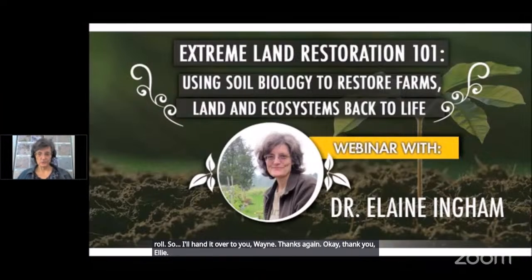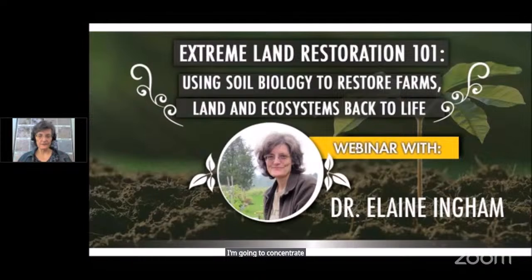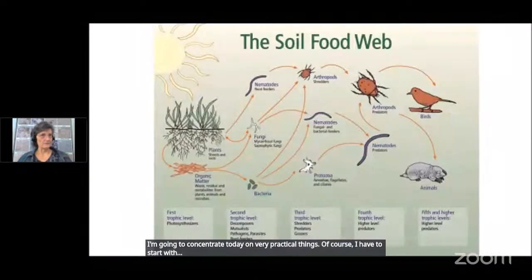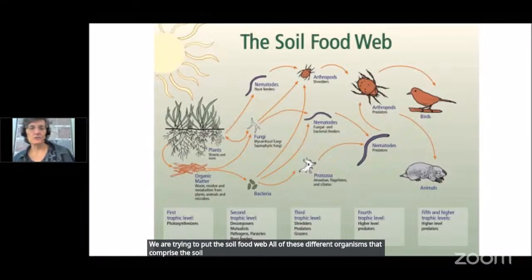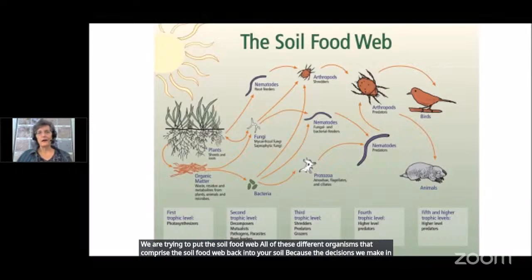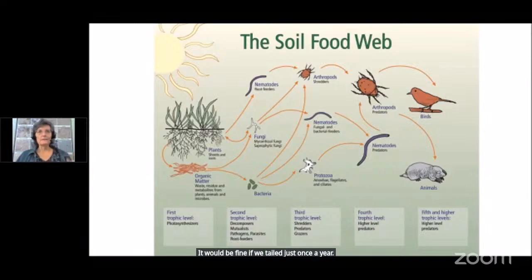I'm going to concentrate today on very practical things. Of course, I have to start with the background. We are trying to put the soil food web, all of these different organisms that comprise the soil food web, back into your soil. Because the decisions we make in agriculture are to disturb, till too much. It'd be fine if we till just once a year, but we don't do that.